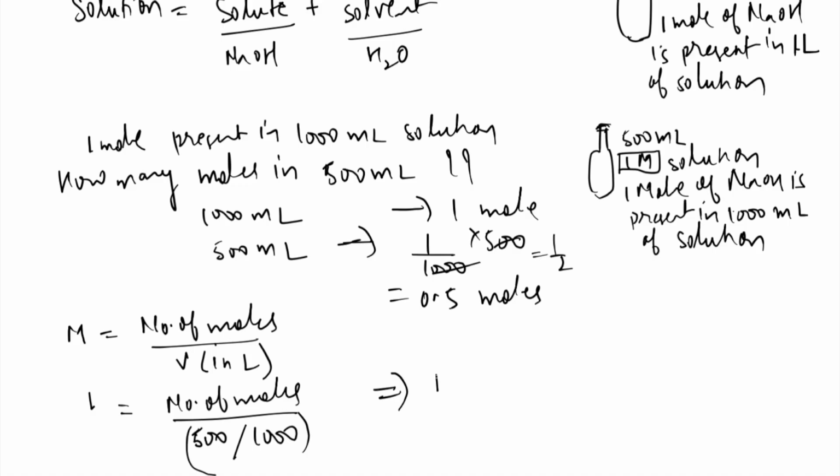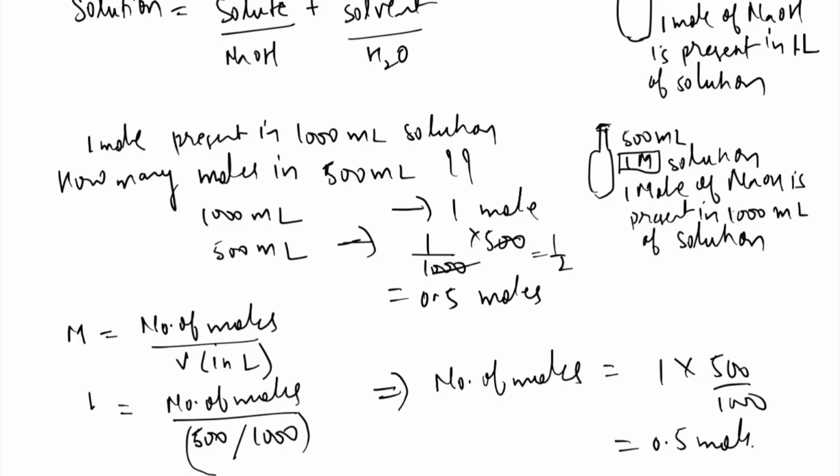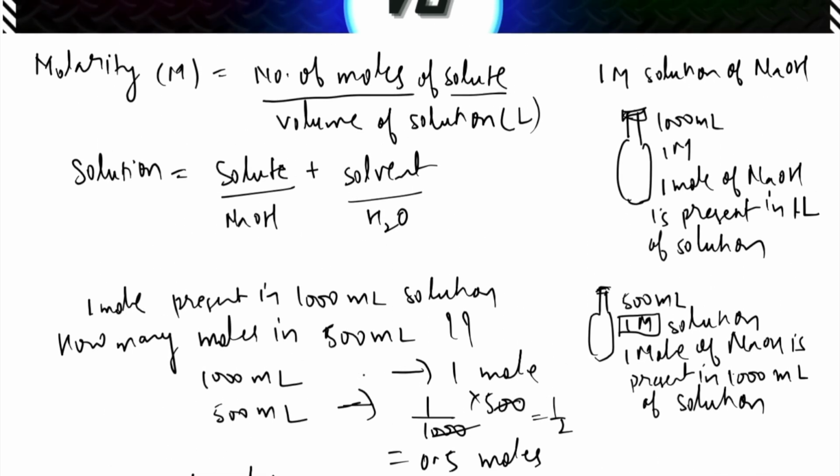So it means number of moles will be 1 multiplied by 500 divided by 1000. So again we are going to get 0.5 moles. So it's not very difficult to understand. Simple unitary method, do it by using this formula or directly by putting into the formula here. Alright. So I hope this concept of the solute, solvent and the solution is clear.